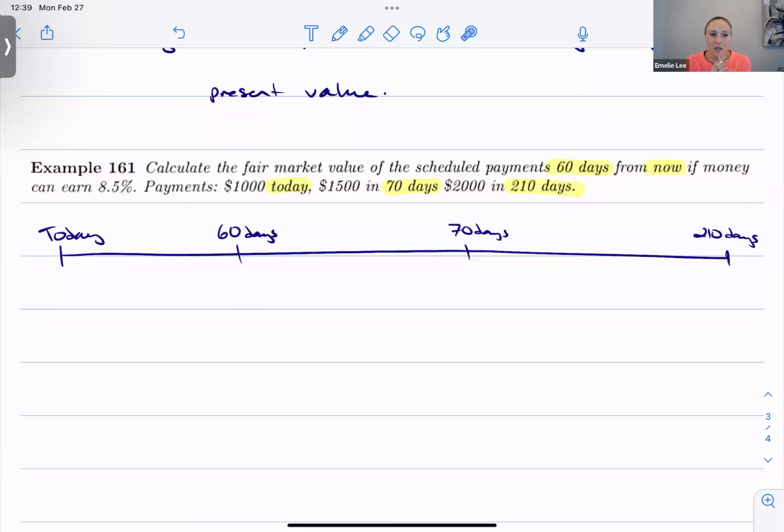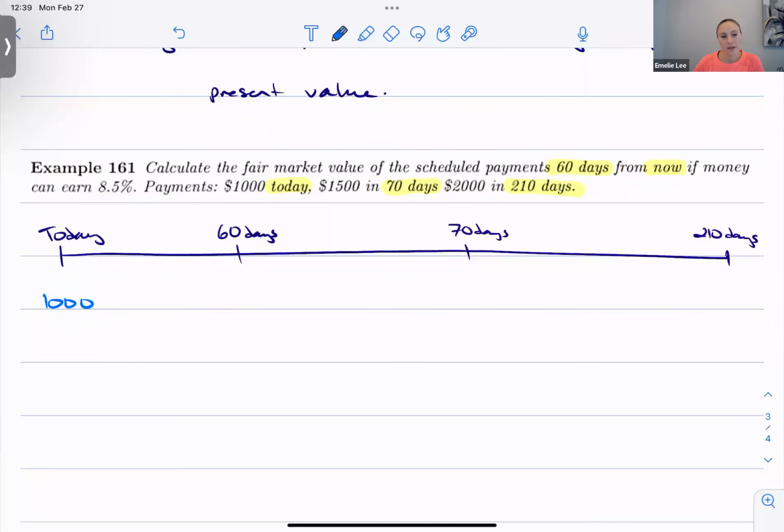That's good. What's the next thing I want to do? The next thing I'm going to do is put the dollar amounts underneath the appropriate tick. So the payments are $1,000 today. And I'll try to make it color coded again.